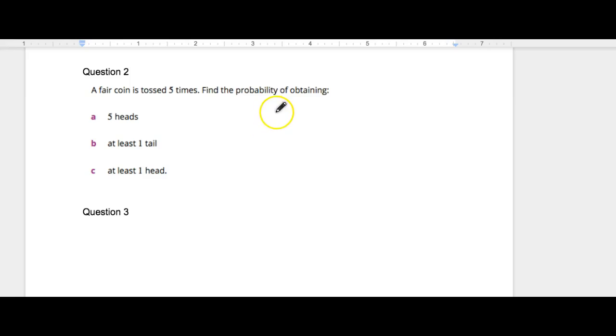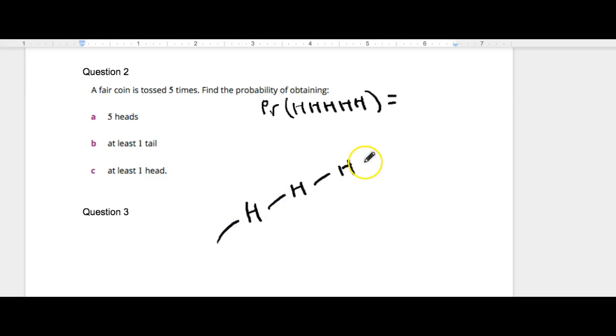So the probability of 5 heads. You can do this on a tree diagram if you want to, but you don't need to. We've got 5 heads here: 1, 2, 3, 4, 5.